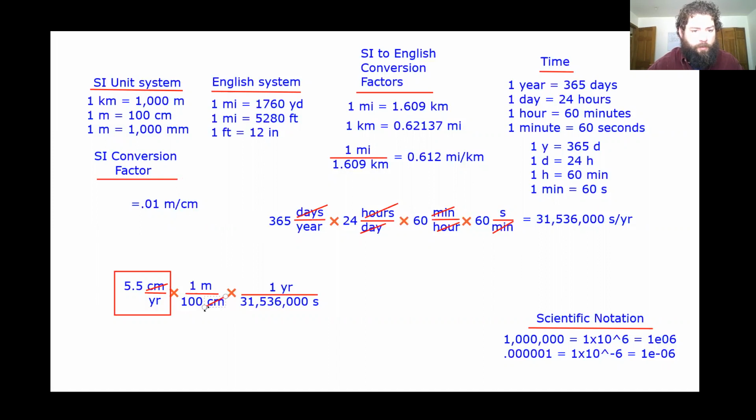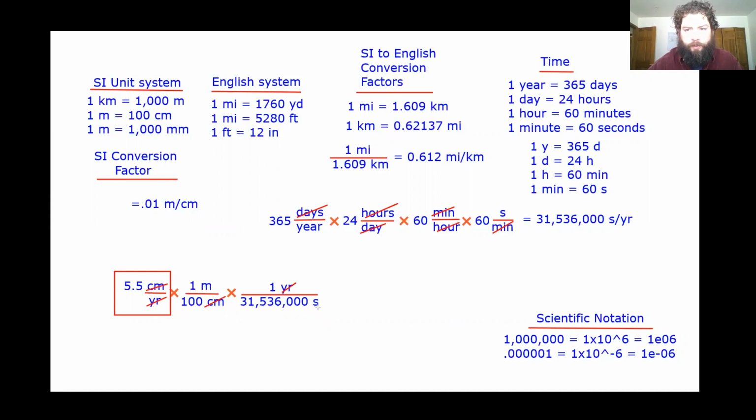So then we would have meters per year once we divide by 100. And for the next one, years over years, so we can cross those out too. Then we'll have meters and seconds. So we'll divide by 100 to get the meters per year, and then we'll divide by 31,536,000 for meters per second.